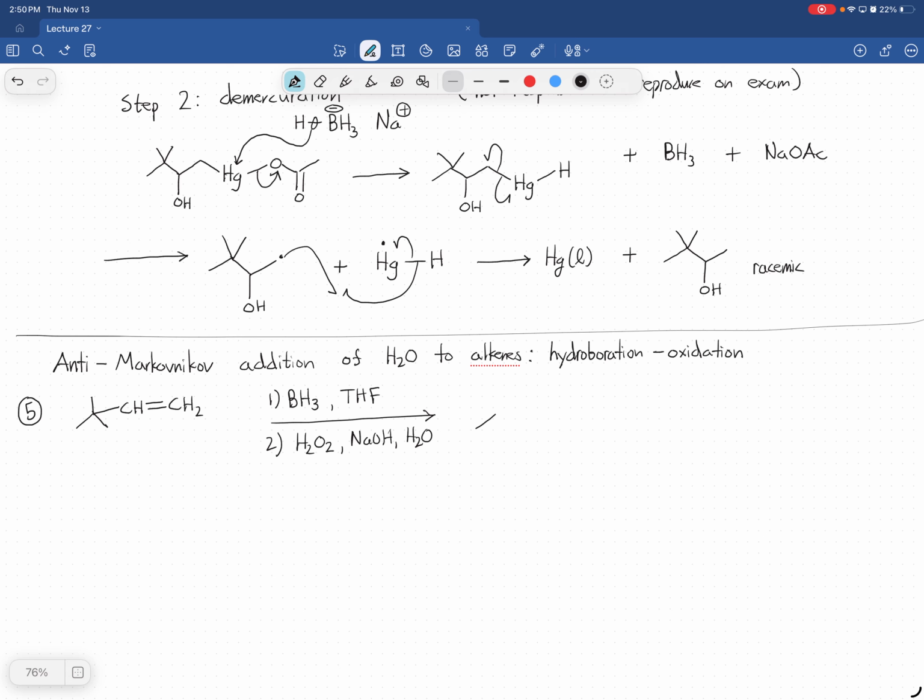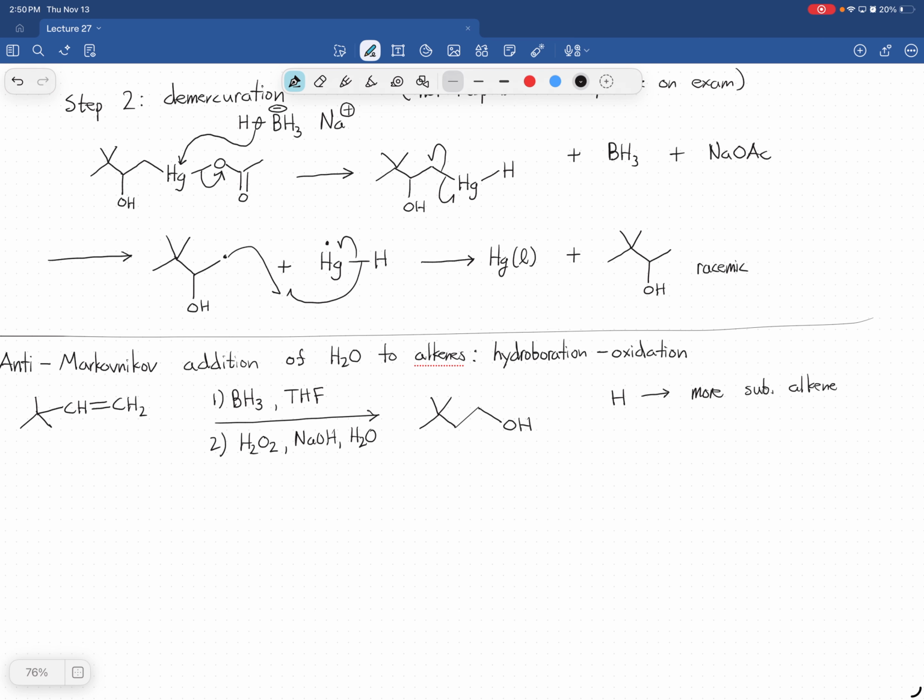So what you get here is just the opposite selectivity. The double bond disappears. Okay? So what you get here is CH2, CH2, OH, oops, my bad. All right, so H goes to the more substituted alkene carbon.